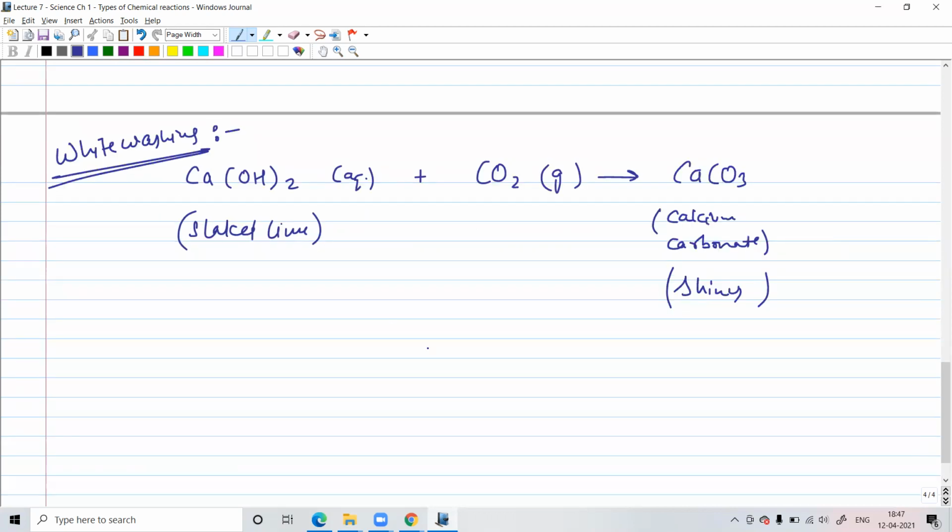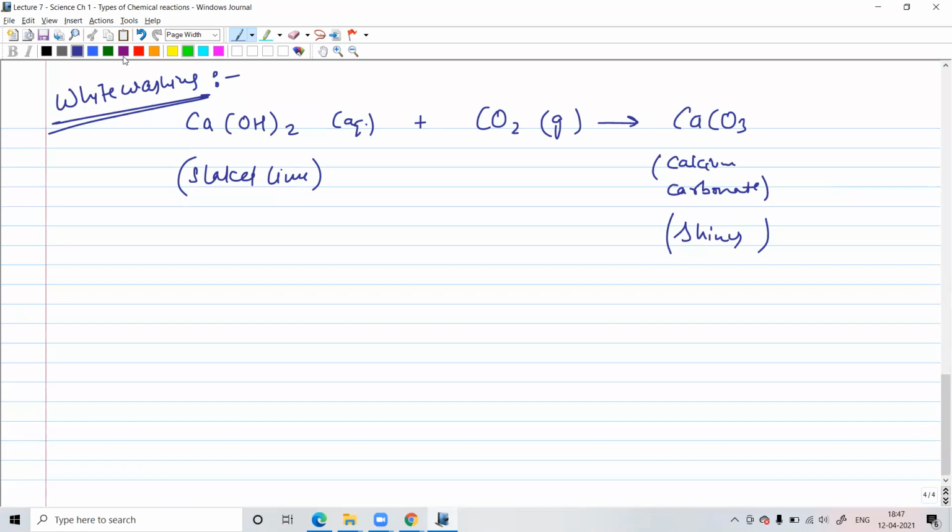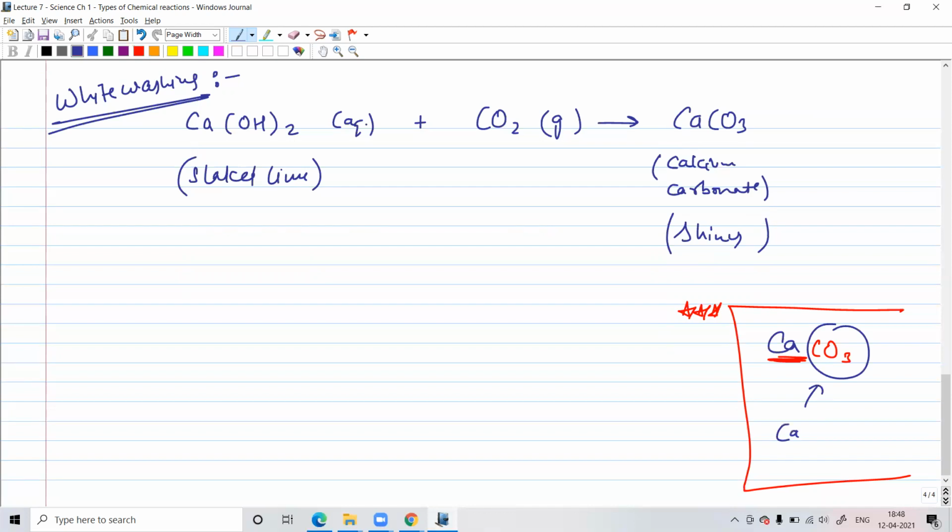Okay. One extra information from this reaction itself. Whenever you have a compound with CO3, like here you had CaCO3, this CO3 is what is called carbonate. It could have been calcium carbonate or magnesium carbonate or something else depending on what this CO3 has bonded with.